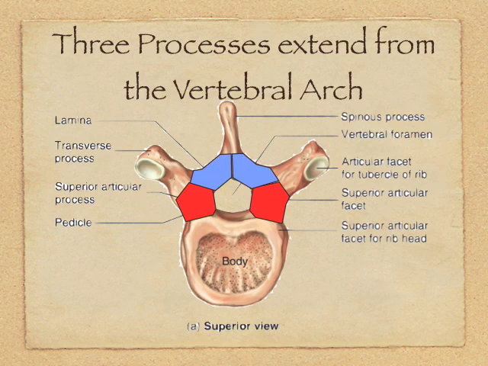There are three processes then. The third segment of objects are the three processes that extend from the vertebral arch. We just said that the two lamina together fuse to form what is known as the spinous process, which we'll outline right here. And notice it's right at the juncture of the two lamina.